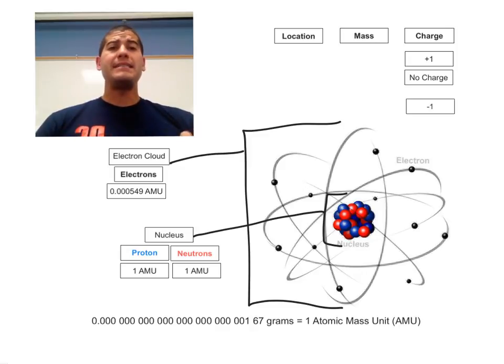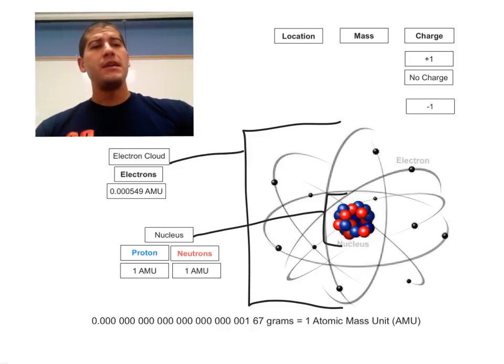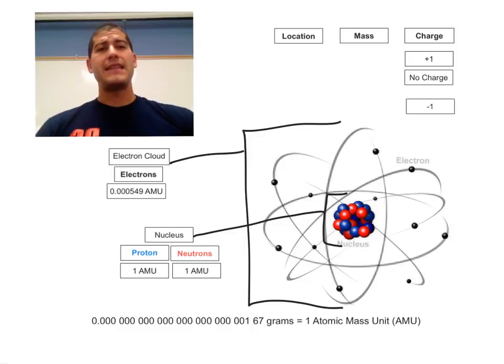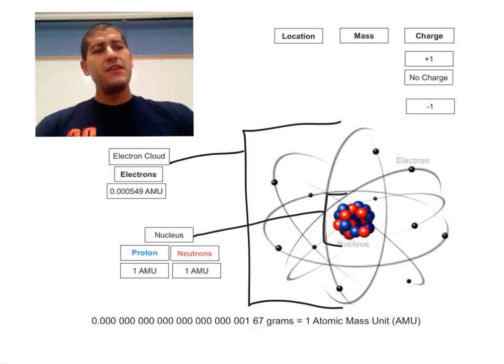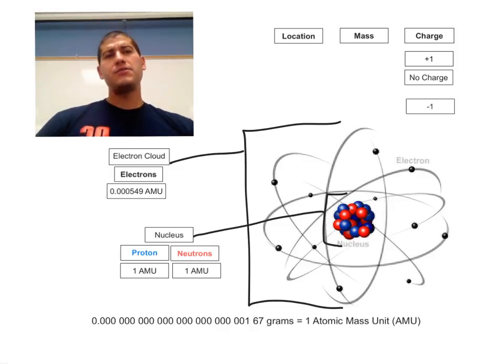They just don't really count towards the weight of the atom. Now remember, I did say that the electron cloud is much bigger than the nucleus, and that's a bit of an understatement. The model that you have on your screen is not to scale. If the nucleus of an atom were the size of a grape, then the electron cloud would be more than a mile wide. The closest electrons would be at least a mile away.